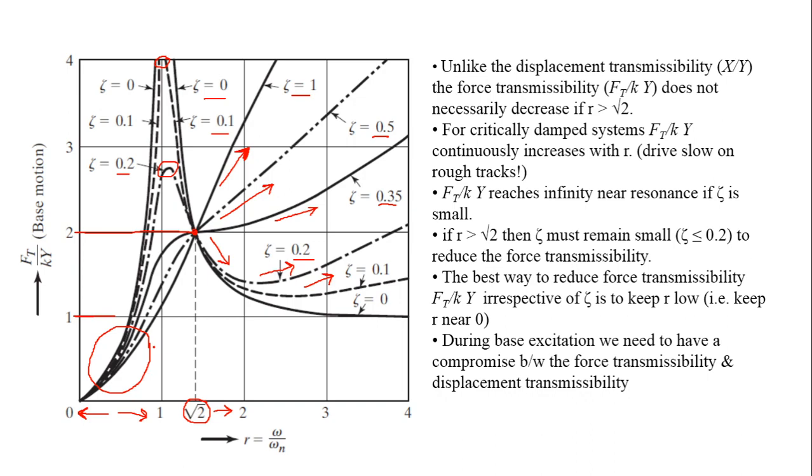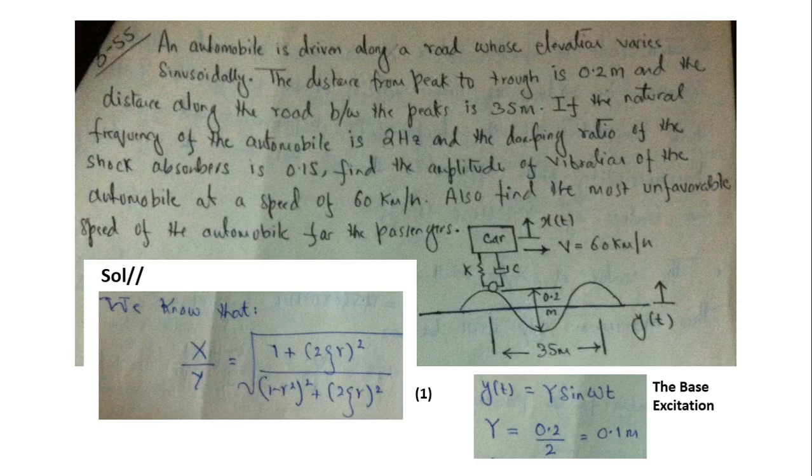Okay, so we're going to move towards this problem, 3-55 of your textbook: an automobile is driven along a road whose elevation varies sinusoidally as shown in the figure. The distance from peak to trough is 0.2 meter, and the distance along the road between the peaks is 35 meter.